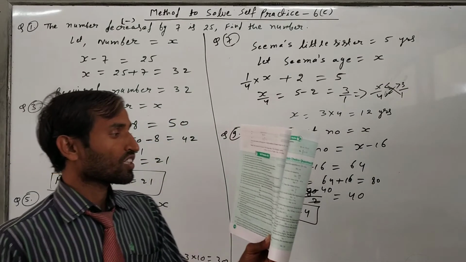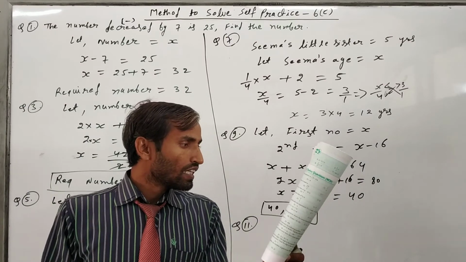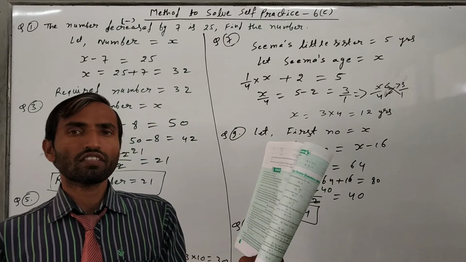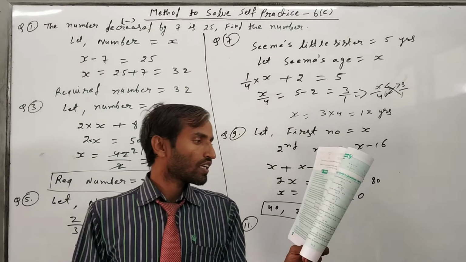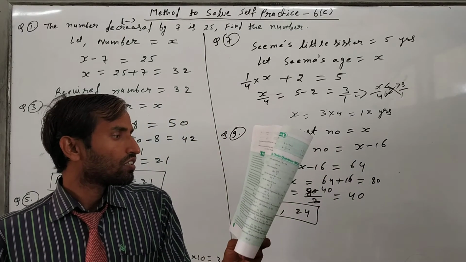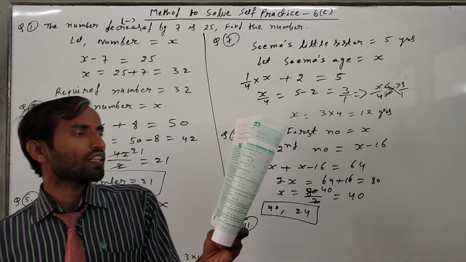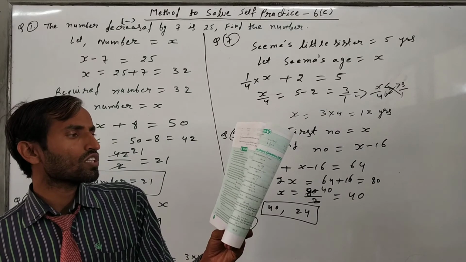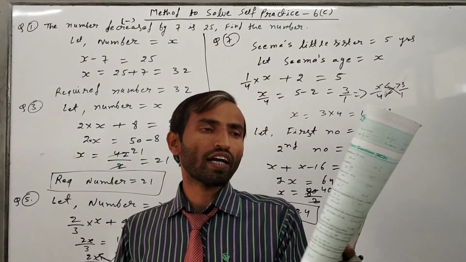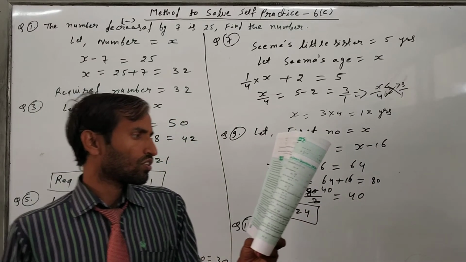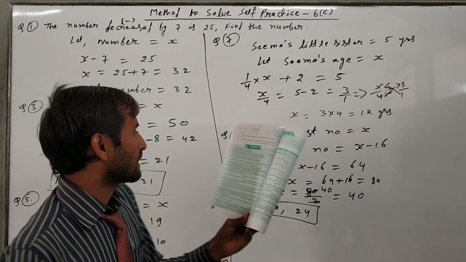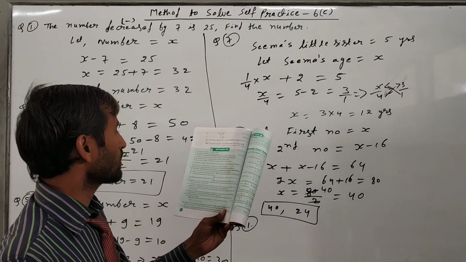Question number 11. John is 7 years older than his sister. Then the sum of their ages is 21 years. Find their ages. So suppose John is 7 years older than his sister.